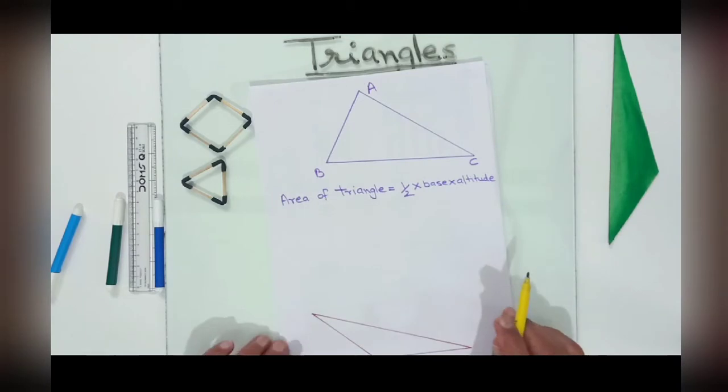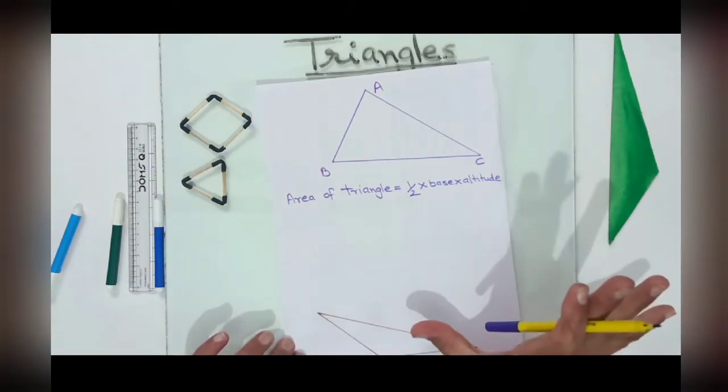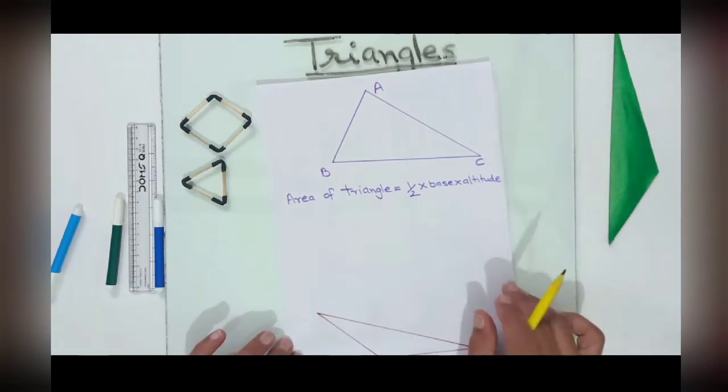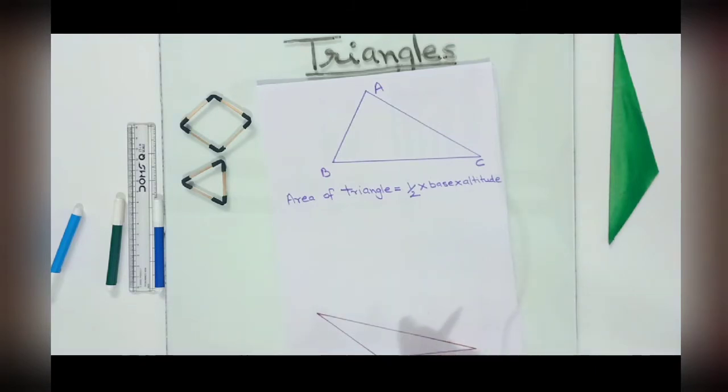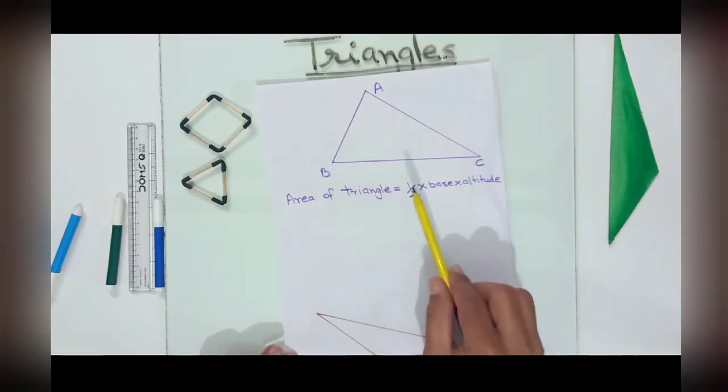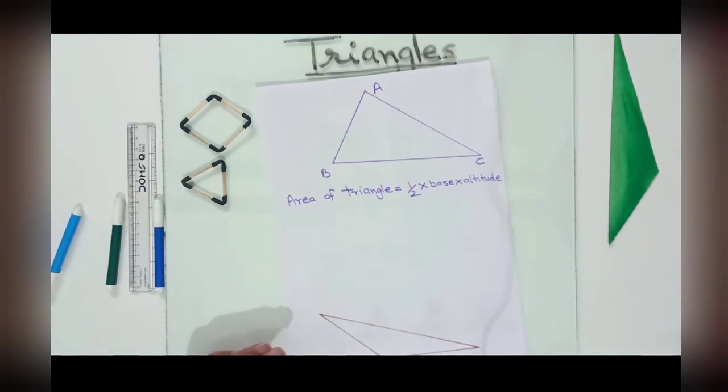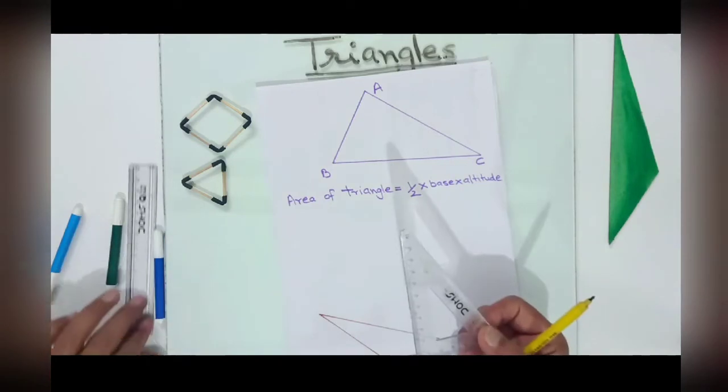This triangle has 3 sides, and we can consider any side as its base. And suppose BC is the base, then the corresponding altitude is the altitude which is drawn on BC from A.